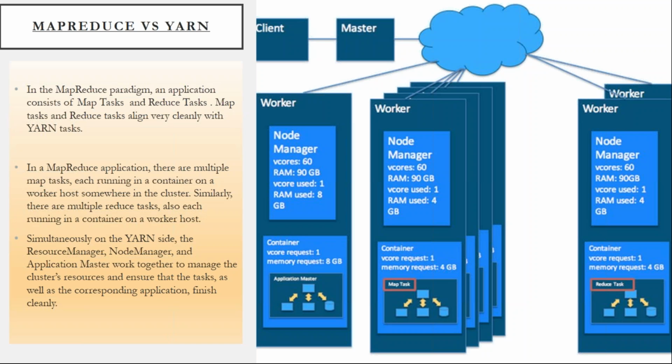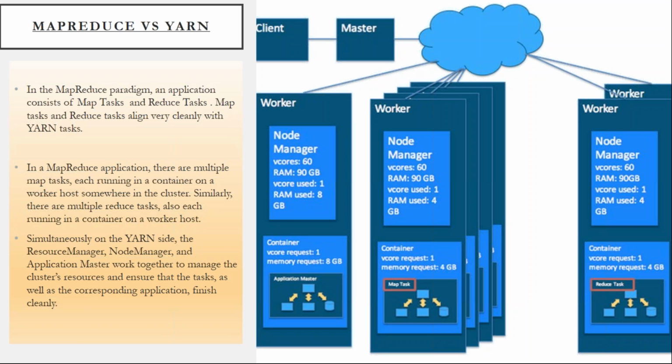Now, simultaneously on the YARN side, the resource manager, the node manager, and the application master work together to manage the cluster resources and ensure that the tasks as well as the corresponding application finish cleanly. Earlier, it was all about your multiple mappers. You have a map task and a reduce task.